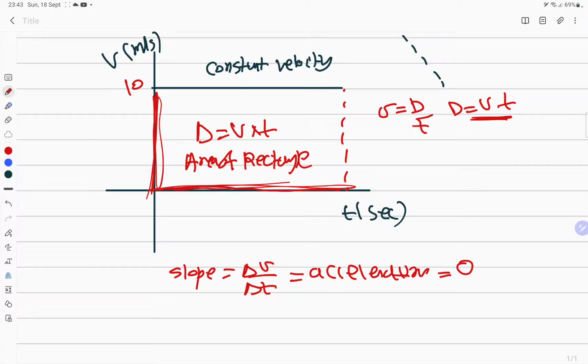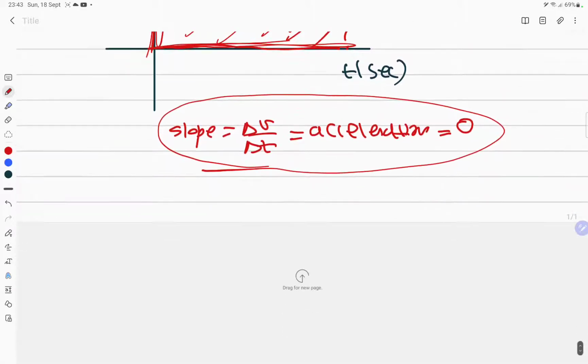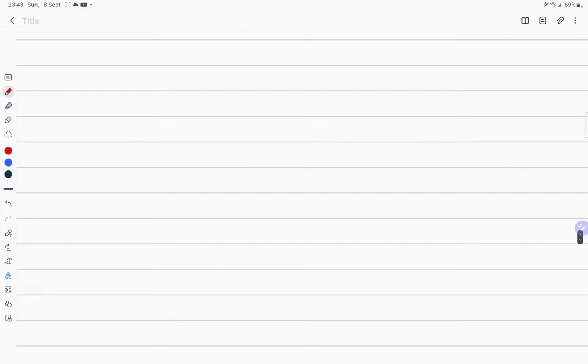So always remember three pieces of information from this graph. First of all, it is moving with constant velocity, which is equal to 10 meters per second. The slope, which is delta v over delta t, the acceleration, equals 0 because it's constant velocity. And the displacement is equal to velocity times time, which is the area of what? The rectangle. Okay, we are almost there.